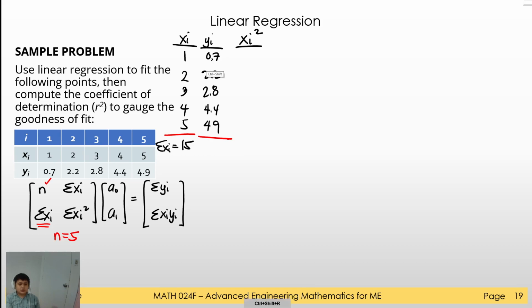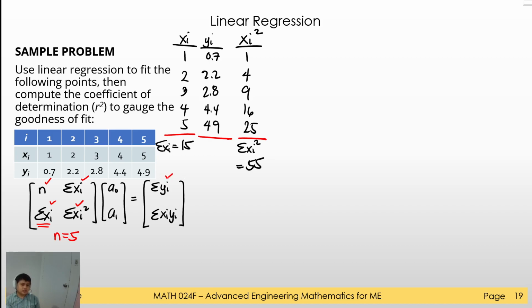We just square each value: 1 squared is 1, 2 squared is 4, and so on. So we have 1, 4, 9, 16, and 25. The sum of the xi squared is 55. Okay, so we are good here for the coefficient matrix.